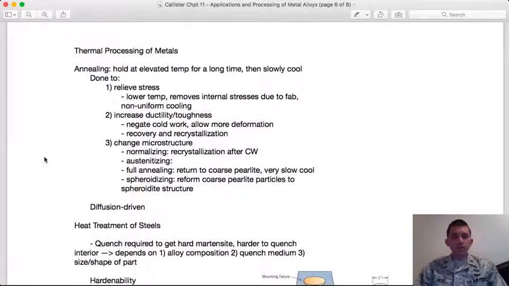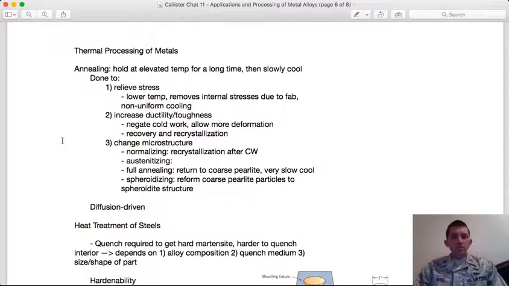So if you introduce a strengthening mechanism, whether that is through quenching or through cold work, you can anneal. And what annealing is, is just holding the part at an elevated temperature for long enough time to provide time and temperature for the dislocations to heal themselves.